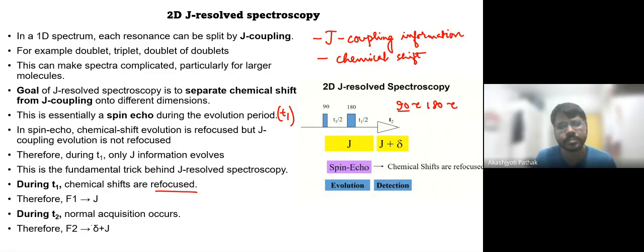That is what has been shown in this figure as well. In the spin echo your chemical shifts are refocused, while in the T2 dimension you are collecting the chemical shift information, and in the T1 dimension you are having the J coupling information.